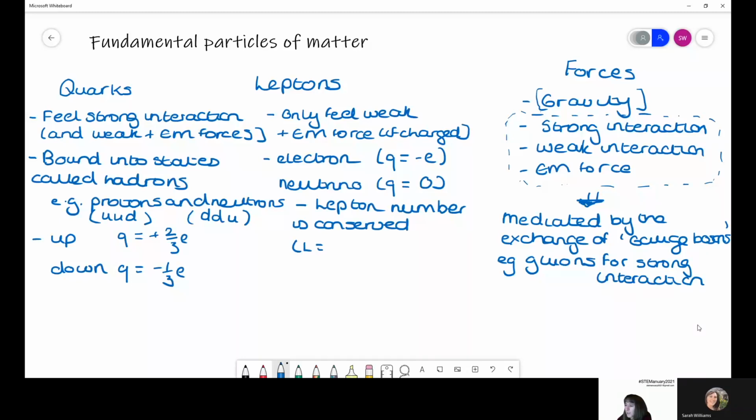Specifically, L is 1 for the electron and the neutrino, and I'll be coming on to antimatter in just a minute, and you have to assign L is -1 for antineutrinos and positrons, which is the anti-electron.